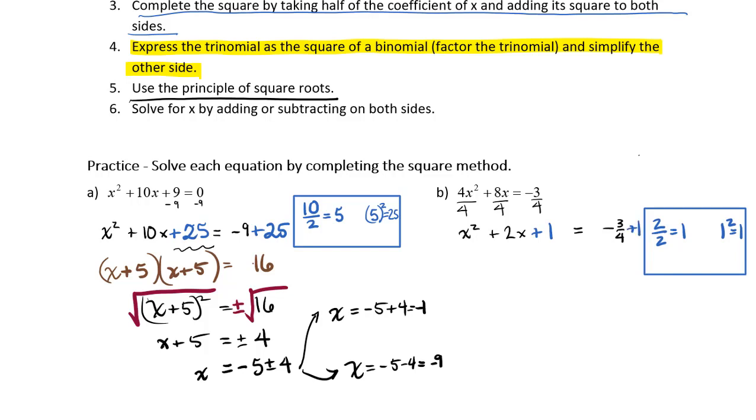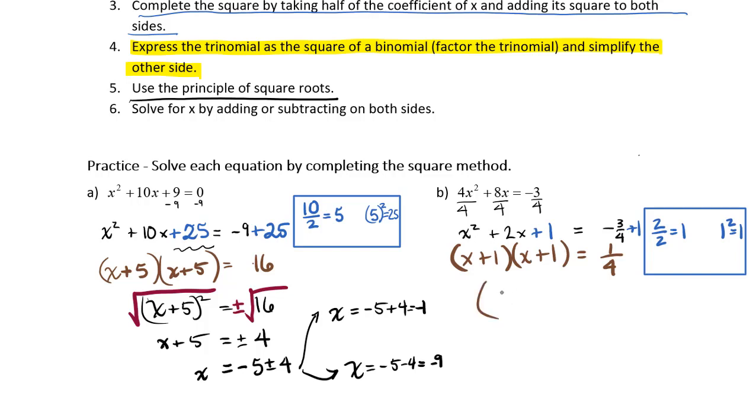Now I need to factor the perfect square trinomial on the left, and on the right I need to combine negative 3/4 plus 1. 1 is equal to 4 over 4, so I have 1/4 on the right. My trinomial x squared plus 2x plus 1 factors to x plus 1 and x plus 1.